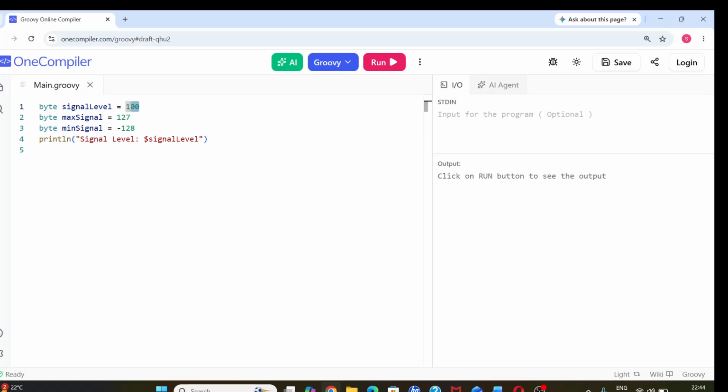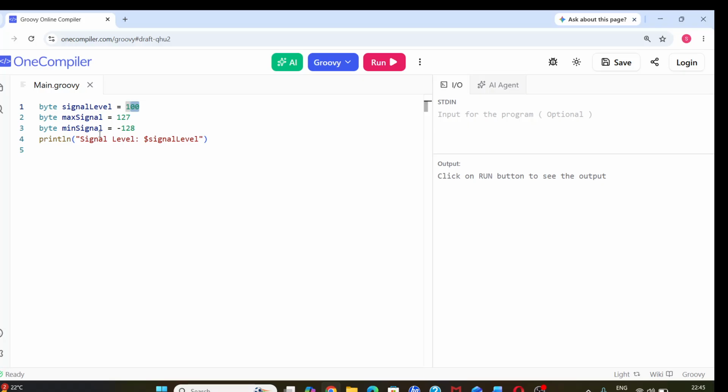Okay, then we have byte max signal equals 127. This creates another byte variable called max signal and stores the value 127. Here 127 is the maximum positive value a byte can hold.